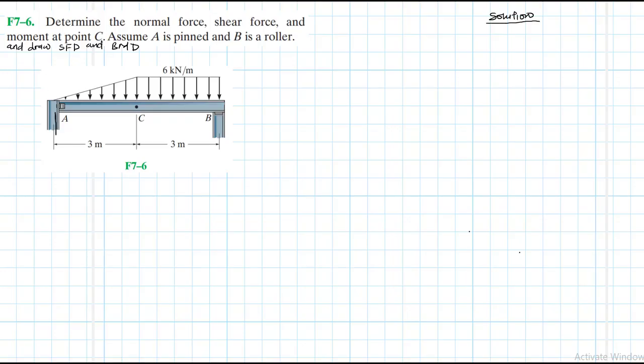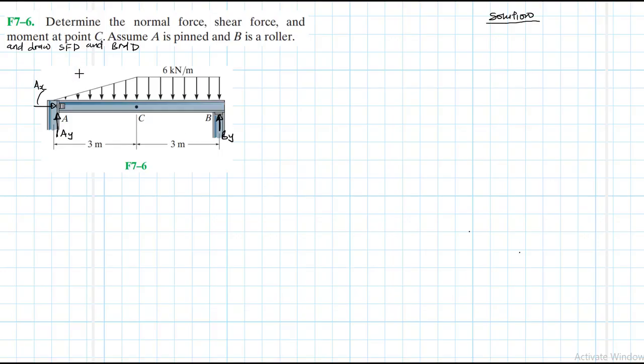So we expect to have two reactions at A. Let's call this our AY, and then we'll have another one that we're going to call our AX, and then we have another one there that we're going to call our BY.